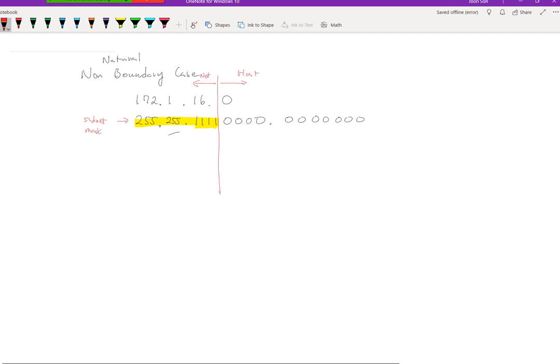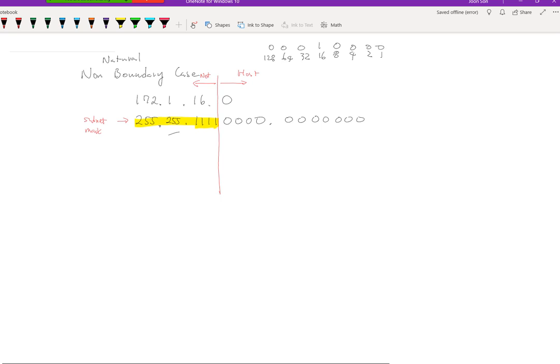Now 16. If you convert to binary, 1, 2, 4, 8, 16, and then 32, 64, 128. So 16 means 0001 0000.